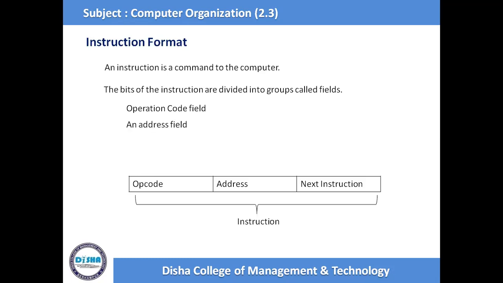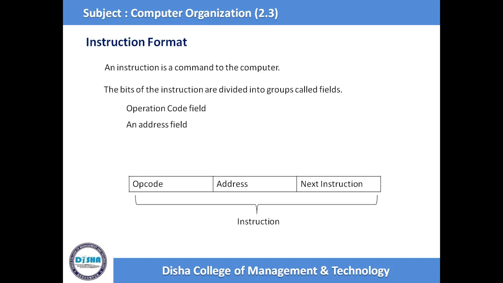The format of an instruction is usually pictured in a rectangular box, which is shown here, symbolizing the bits of the instruction as they appear in memory words or in control registers. So according to this structure, the instruction can be present inside a memory word or in a control register.